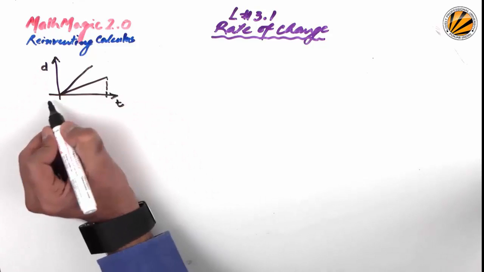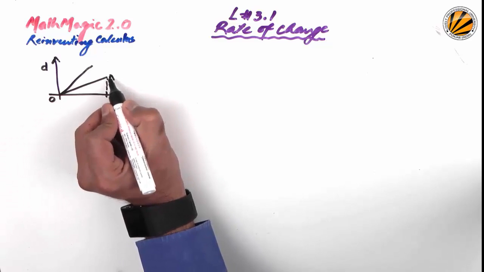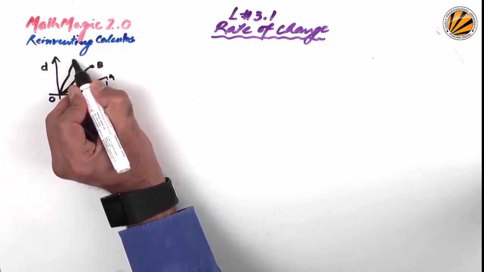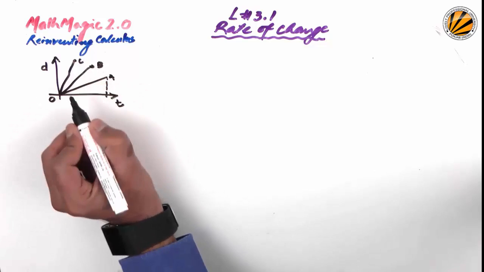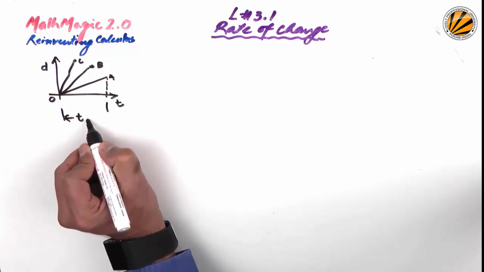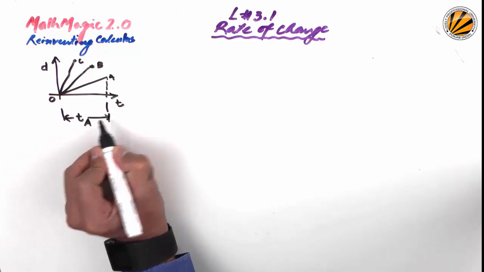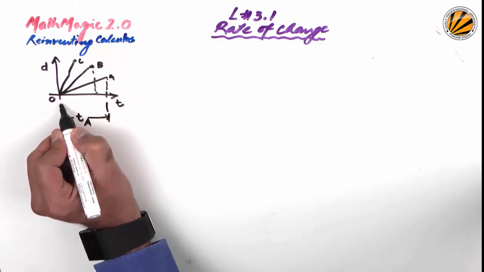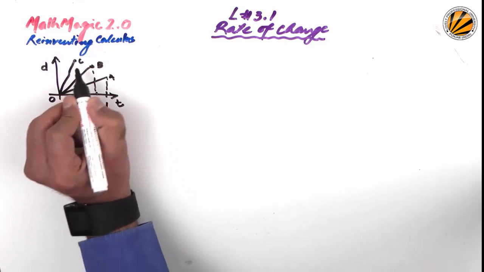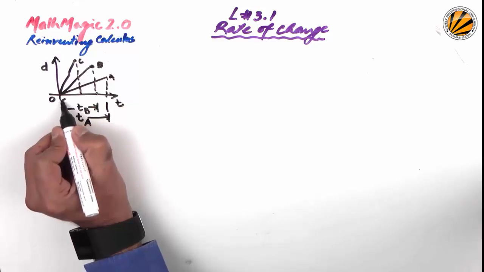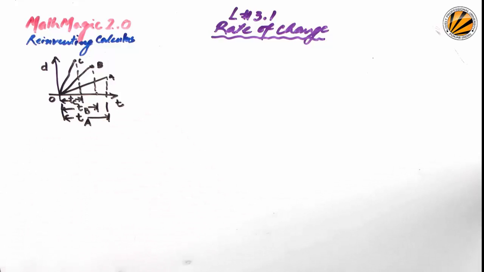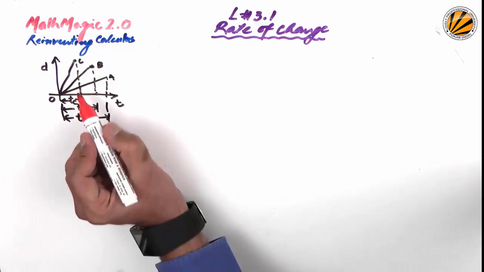Now, if I look at point OA and point OB and point OC, look at this: this becomes the time to reach from point O to A. This becomes the time to reach from point O to point B. And this becomes the time to reach from point A to C. What basically differs in these three is the angle.